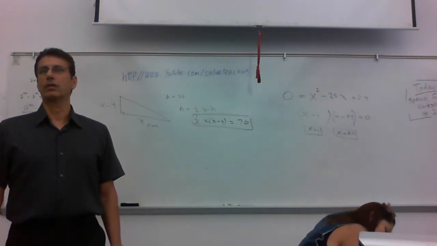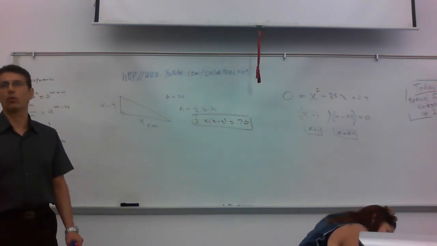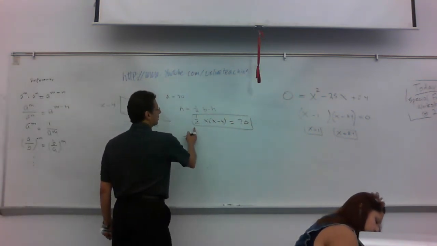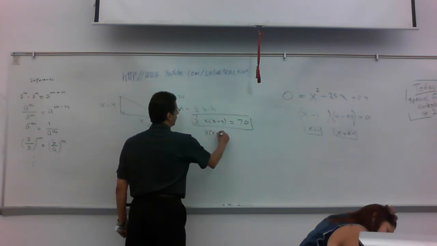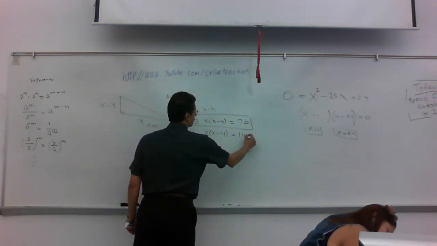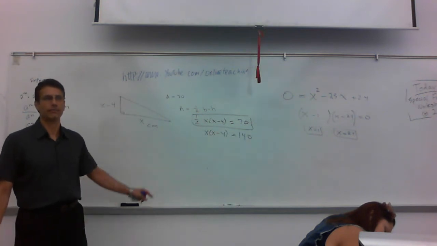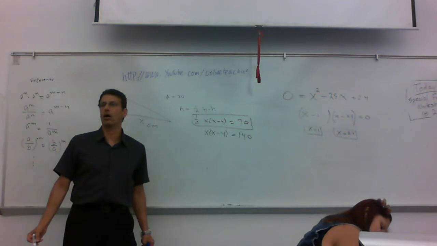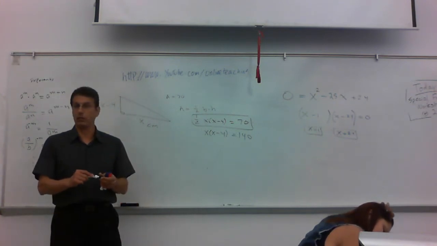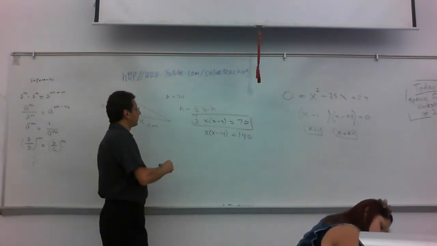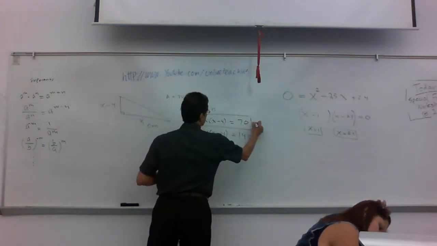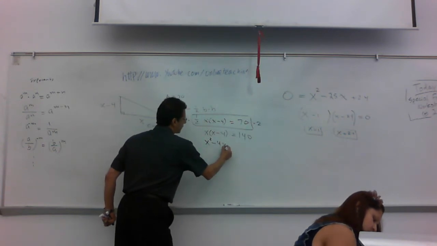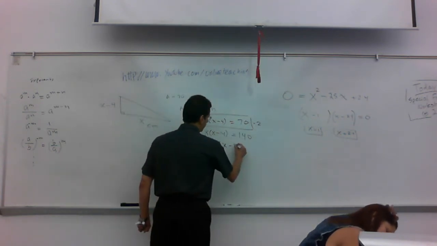And the area is supposed to be 70, so 1/2 base times the height. In any event, how do you solve that? First, let's get rid of the 1/2. How do you get rid of the 1/2, everybody? You multiply both sides by 2. Do you see that? Multiply by 2. 1/2 goes away, 70 becomes 140. Right, class? In other words, now you have x squared minus 4x equals 140.